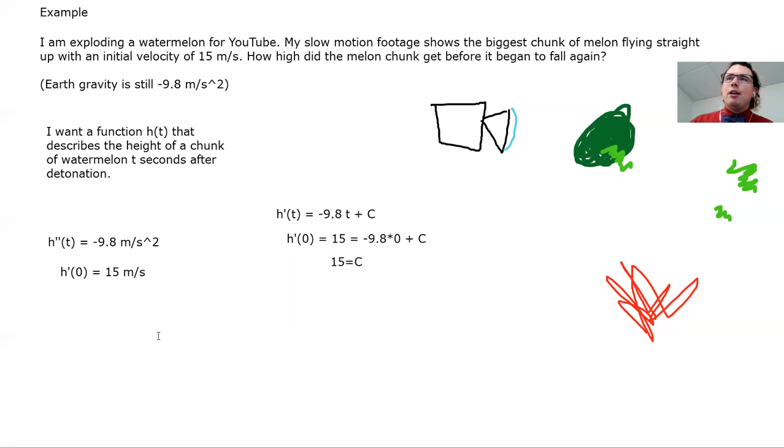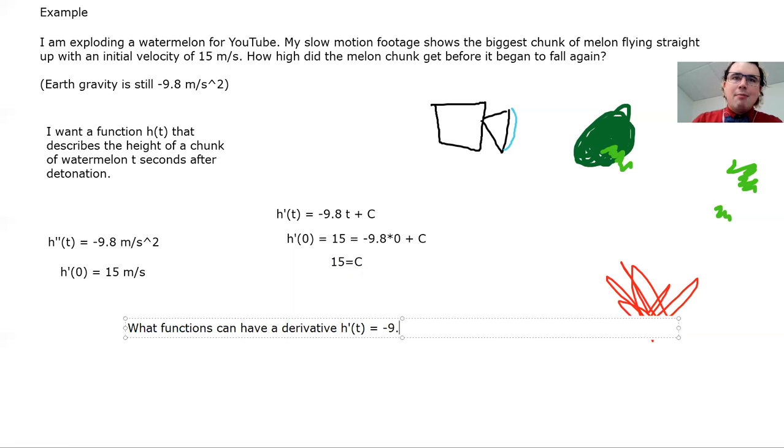Now I'll do one more antiderivative. What function or what functions can have a derivative, again, this is going to be the h prime of a function I just figured out, negative 9.8 t plus 15.